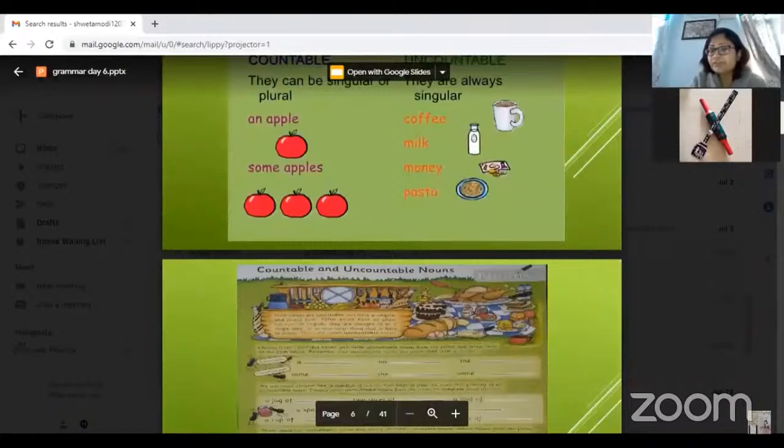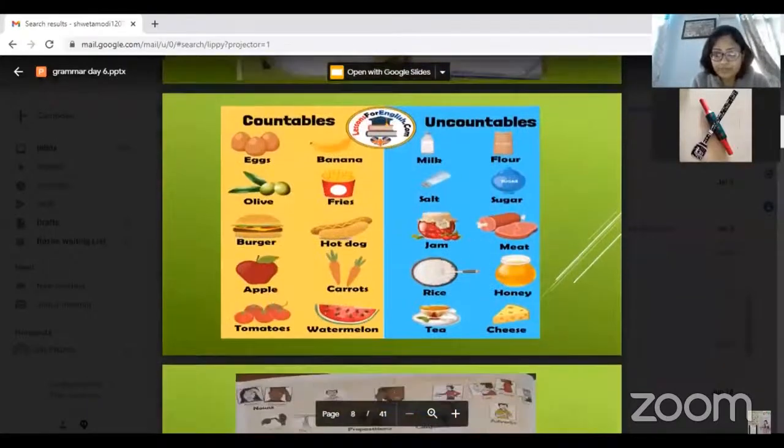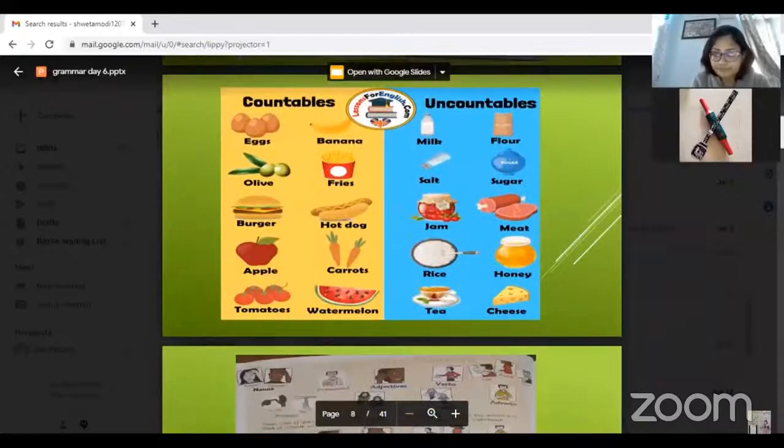But if you cannot count, then it is uncountable, like coffee, milk, money, pasta. "How many" is for countable, "how much" is for uncountable. How much coffee? How much milk? How much money? How much pasta? But you will not say how many money, how many milk, how many coffee. So this is countable, uncountable.